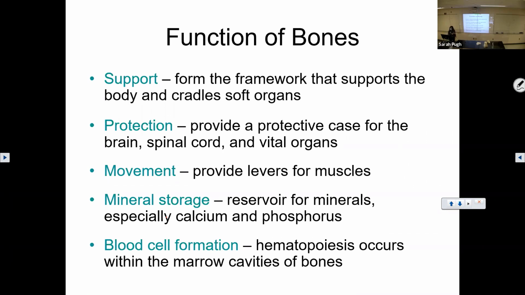Your skeleton also acts to store minerals. Now, it can store a lot of different minerals. The one that we usually think about the most is calcium. So remember, what do we need calcium for? Everything. We need it for muscles to contract, nerves to fire, glands to secrete, cells to divide.